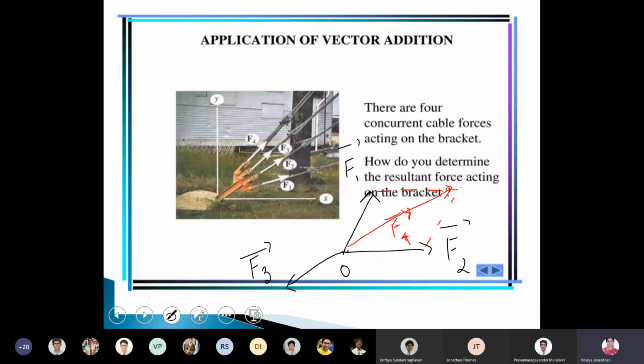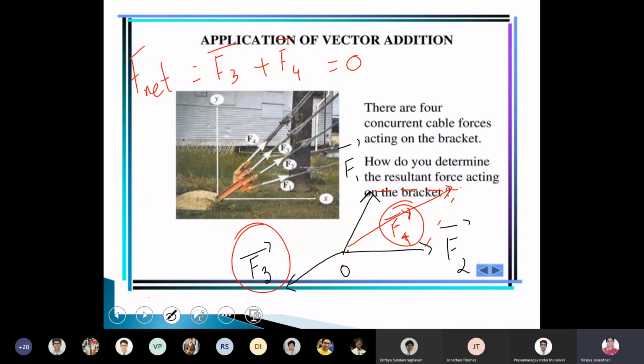Now this resultant F4 is equal in magnitude but opposite in direction to F3. So F net becomes equal to F3 plus F4, which is equal to 0.